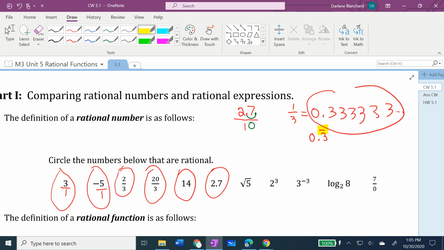Now, what about the square root of 5? Do you feel like we finally found a loser in the rational number category? The square root of 5 is not rational.